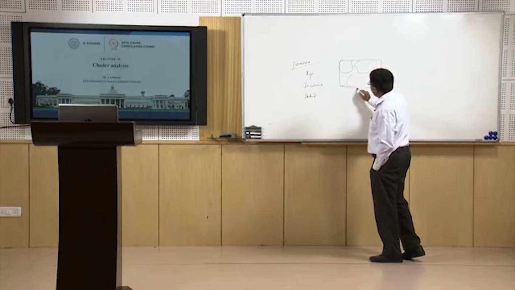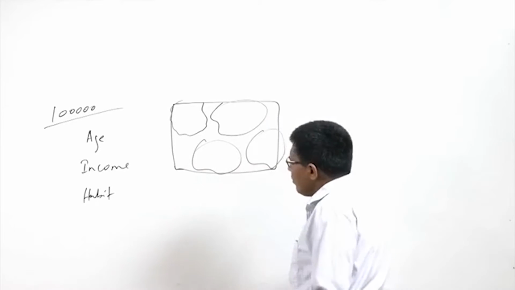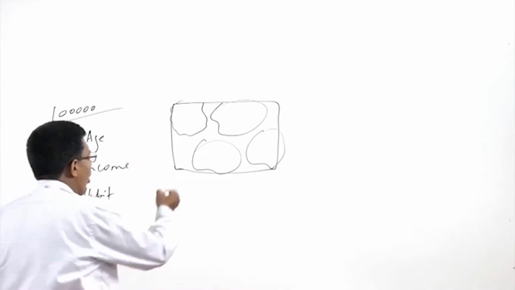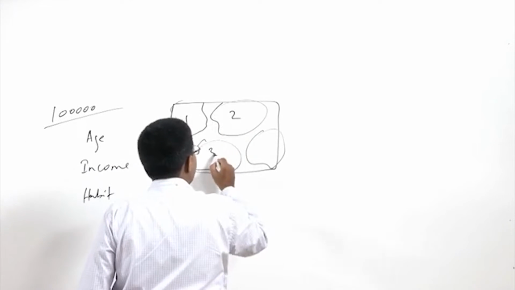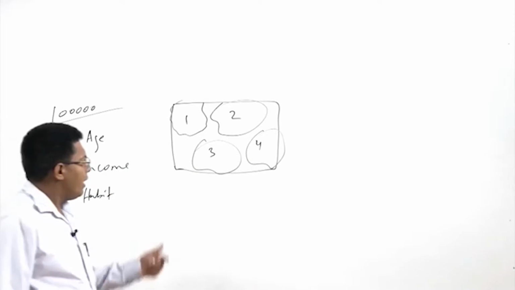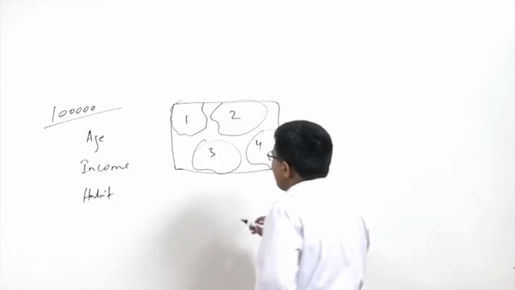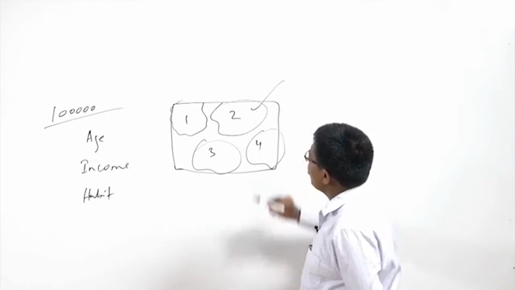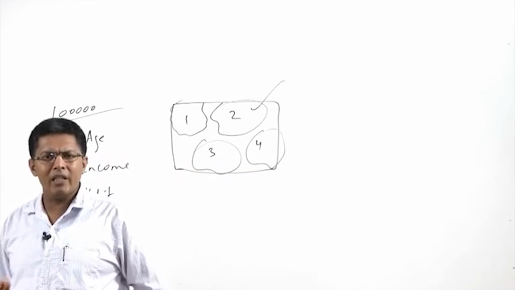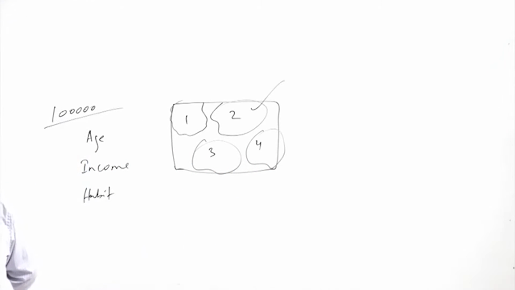Now he finds all these clusters have different characteristics. Once I break this into 4 clusters, cluster 2 is the one which is very promising. It seems to the company that it is a very promising cluster.